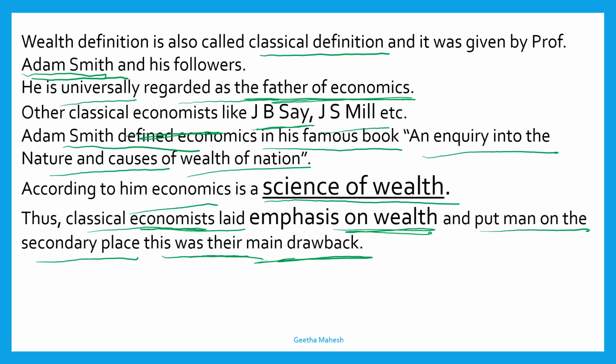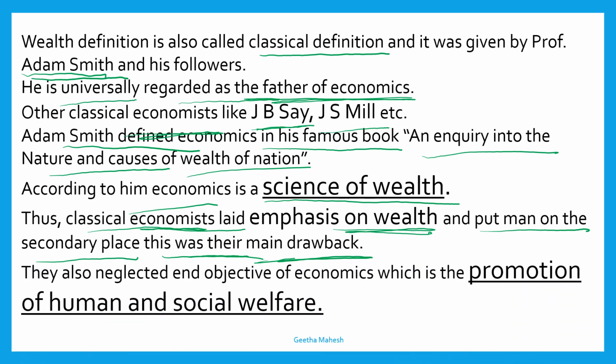But they have not concluded that for the sake of man, we undertake production, distribution and consumption. They explained it in the other way, that we deal with the acquisition of wealth. So that is the main drawback of the classical economists. They also neglected the end objective of economic activity. All of us undertake economic activities for the promotion of human and his social welfare.